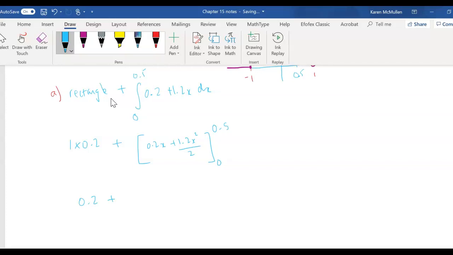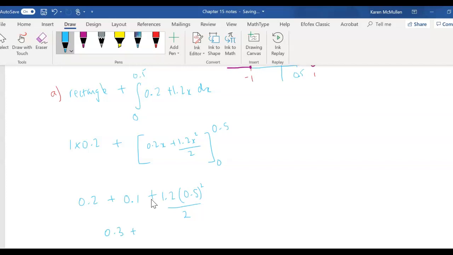I don't need to substitute in 0, so I'm just going to substitute in 0.5. If it's easier, work with fractions, but 0.2 times 0.5 is 0.1. And then plus 1.2 times 0.5 squared over 2. So I can add them together.